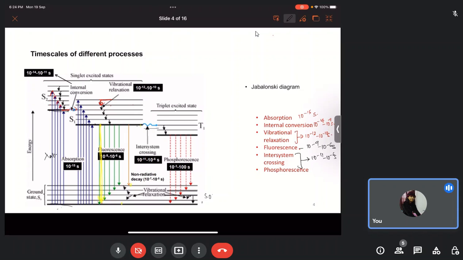Once it comes to the first excited triplet state, it can undergo vibrational relaxation to the lowest vibrational level of that electronic state, and it comes back to the singlet ground state by a radiative process, phosphorescence. Fluorescence is also a radiative process. Radiative processes mean that upon relaxation, the molecule releases a wavelength of light.